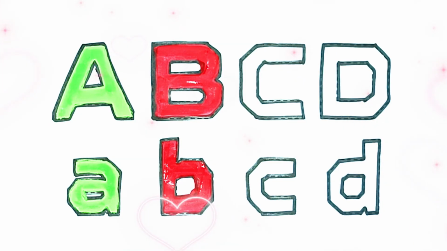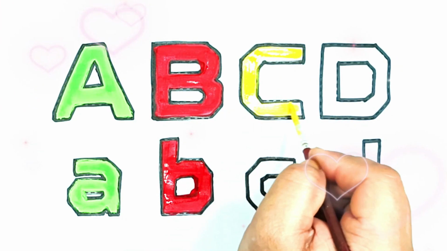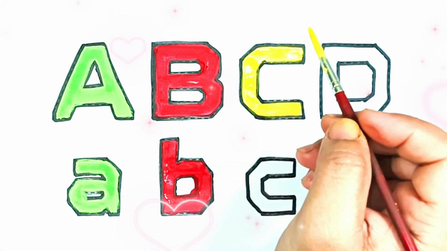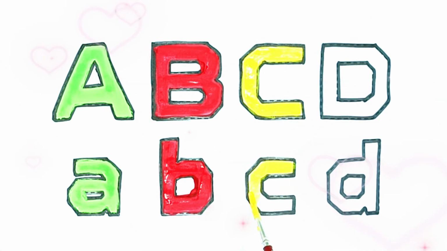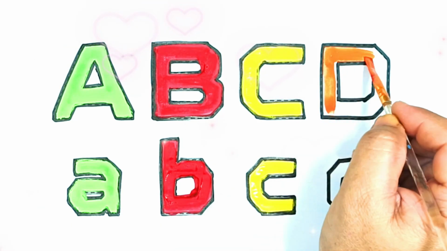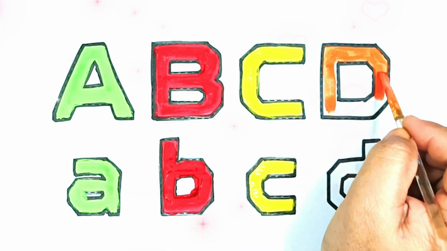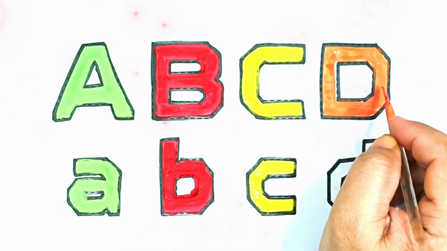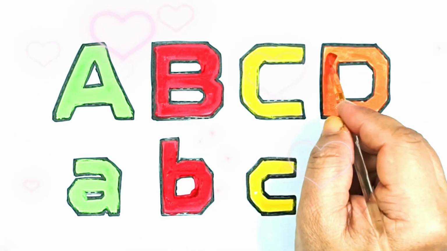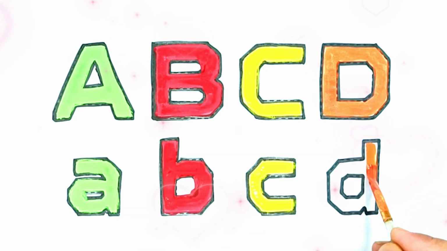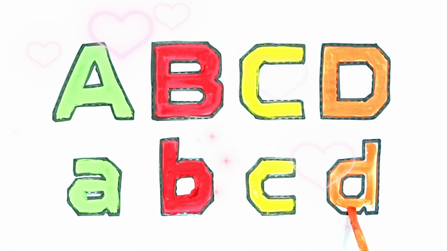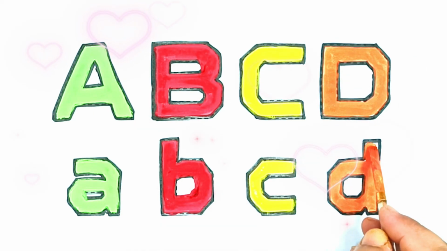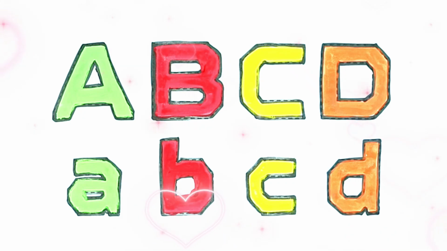B is for bat. C is for car. C is for carrot. D is for duck. D is for door.